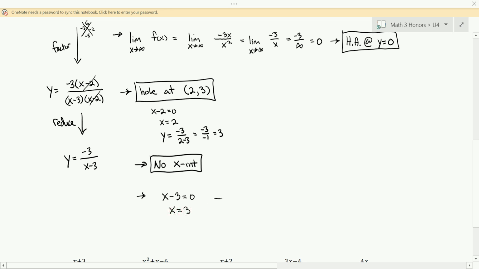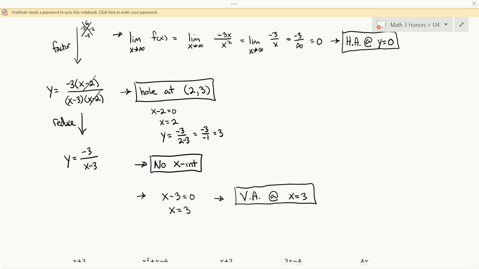And so this is telling us we have a vertical asymptote at x equals 3. Do you want to go back to the x-intercept? Okay. There's no way the numerator could be 0. Yeah. Okay. Any questions on what we've done so far?